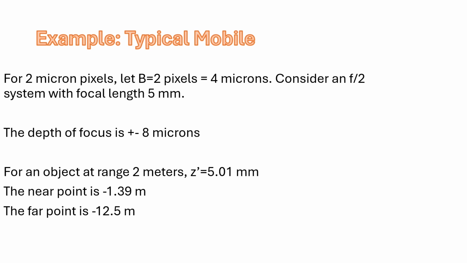If instead we focus much closer with the shorter focal length lens, here focusing at just 20 centimeters, the depth of field is much smaller because we're much closer. So our depth of field is just a third of a centimeter.